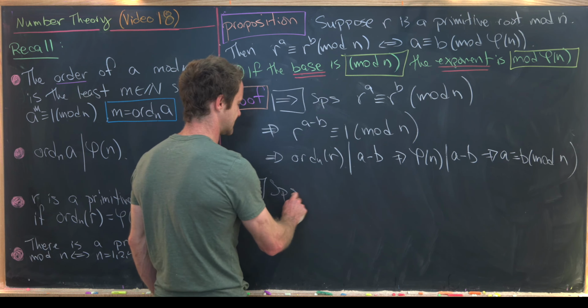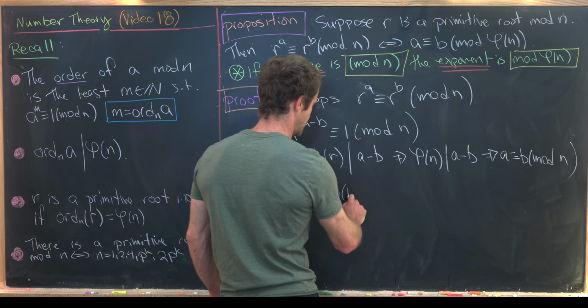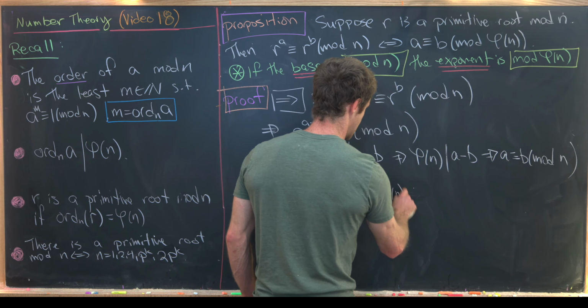So let's go ahead and suppose that a is congruent to b mod phi of n. And notice that that means that a is equal to b plus k times phi of n for some integer k. That goes along with the definition of congruence mod phi of n.